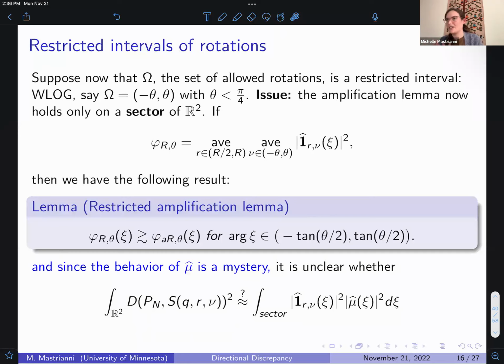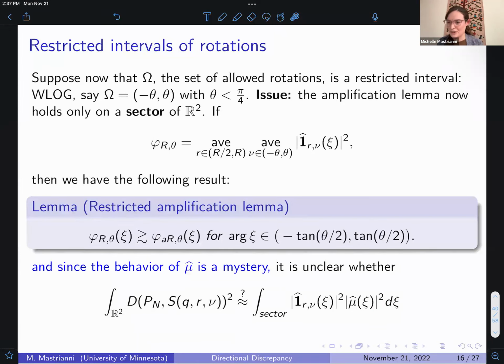That's actually an interesting question, unrelated to discrepancy: what is the behavior of the Fourier transform of a sum of Diracs if you have a point set, and how does it depend on the underlying point set? Where is the mass of that Fourier transform?